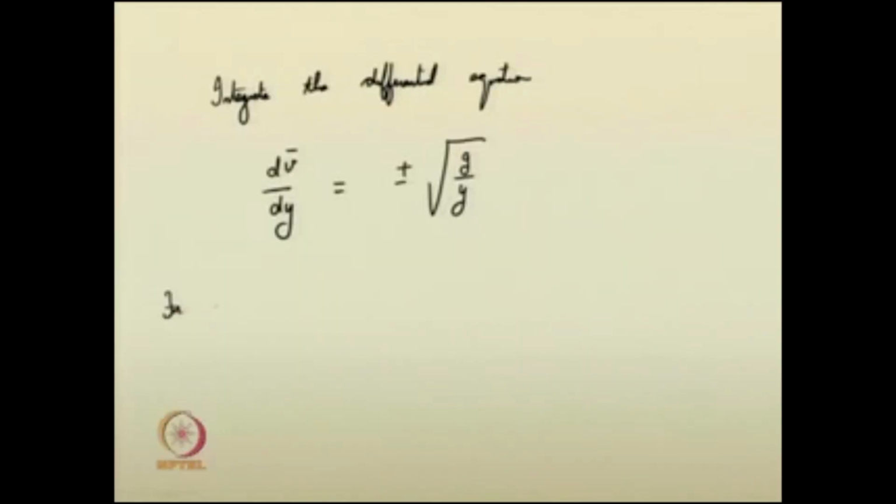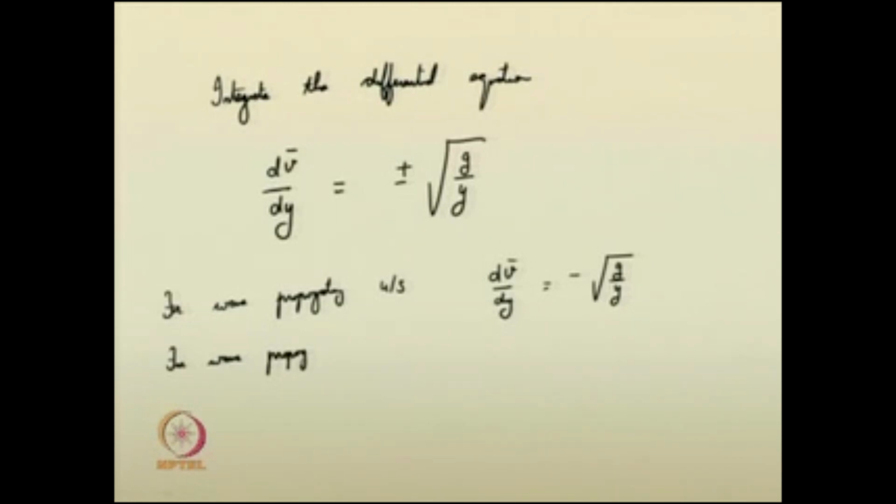For a wave propagating upstream, your differential equation will be dV by dy is equal to minus root of g by y. For a wave propagating downstream, it will be dV by dy is equal to plus root of g by y.